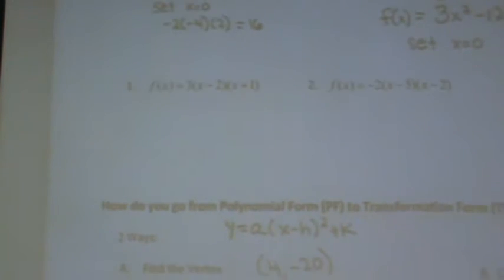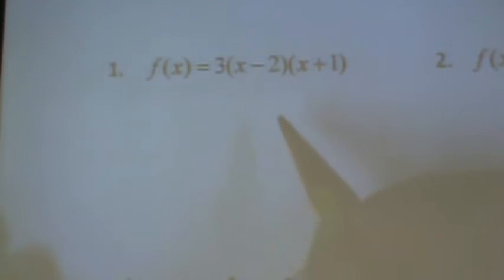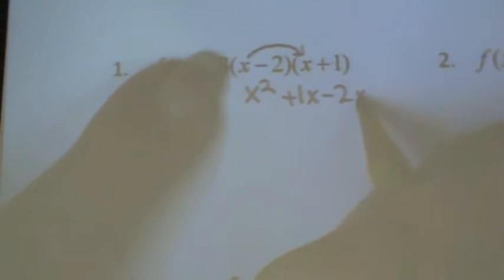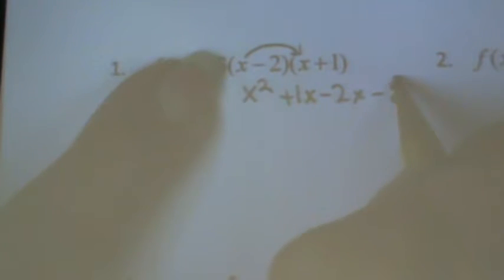What we are doing for question number 1 is translating this from x-intercept form to polynomial form. All you have to do is FOIL this binomial. x times x is x squared, x times 1 is 1x, minus 2x, minus 2.